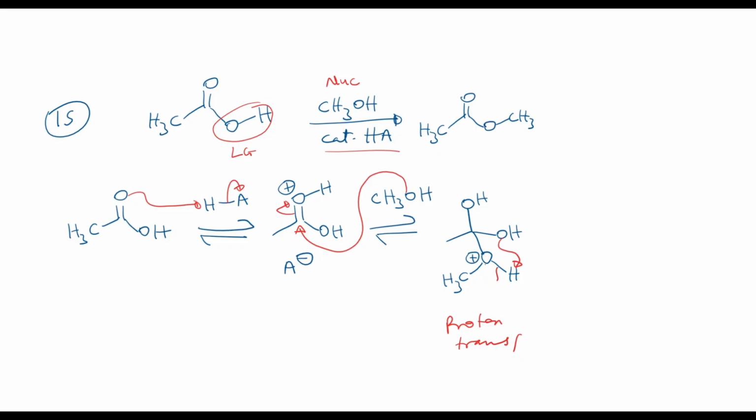The bond between oxygen and hydrogen breaks. The excess electrons go on to neutralize the positive charge on the oxygen. Now we have an oxonium ion, and we have a methoxy group here.